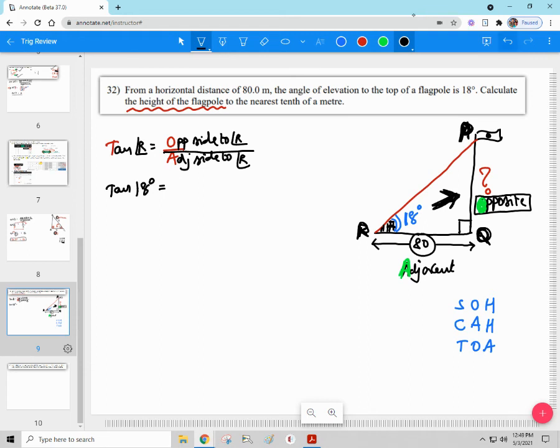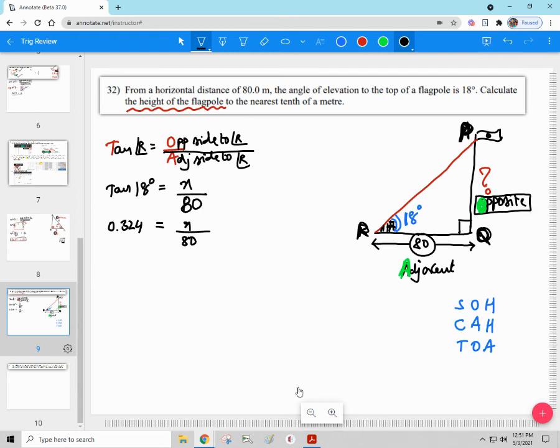You may take a variable. What is the adjacent side? I see that it is 80. Now let me grab my calculator and see what tan 18 is. So tan 18 is 0.324, equal to x over 80.